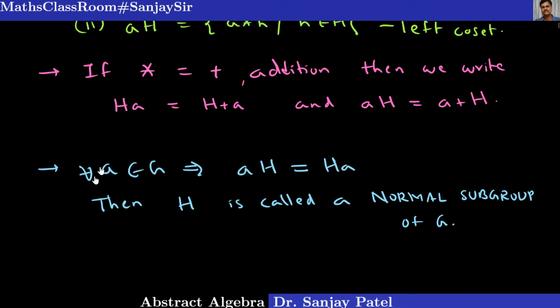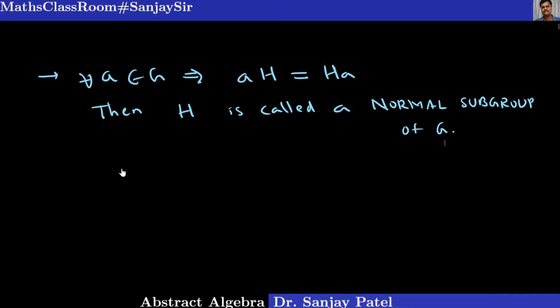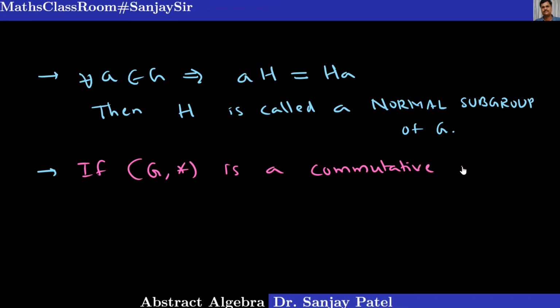And we are going to introduce a similar concept here. But before that, just again recall that if G star is a commutative group, you know what is the meaning of commutative group?